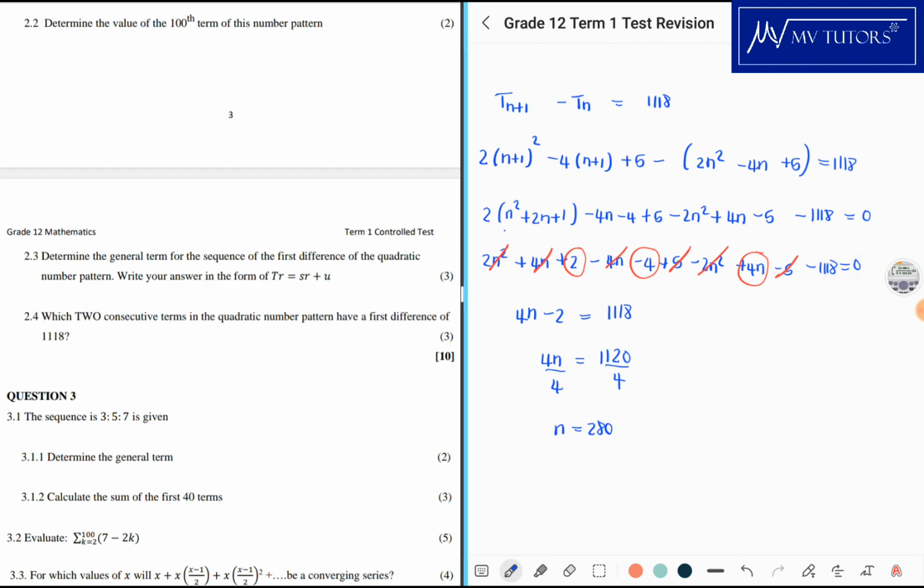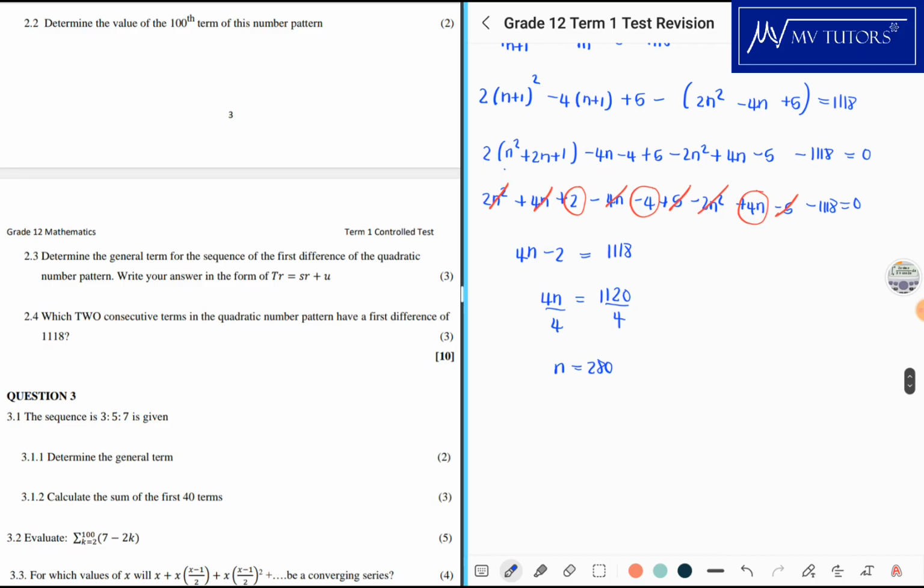So between which two consecutive terms do we have the first difference of 1118? Basically, it will be term 280 and term 281, because we had tn and tn plus 1. All right, so this is really not bad, and I hope you will never forget how to do this kind of question. Okay, so that's it for question number 2.